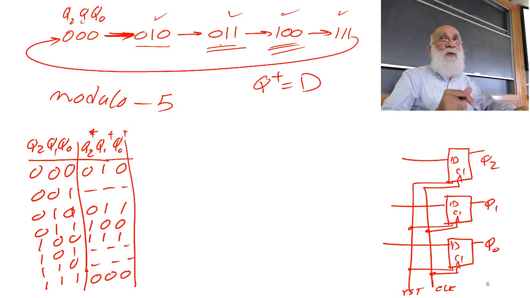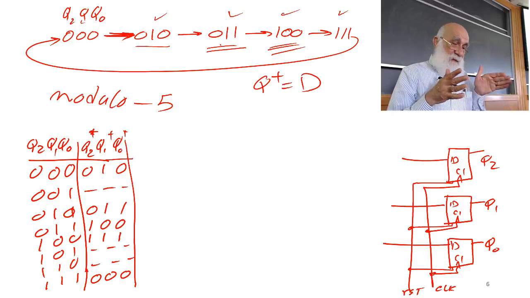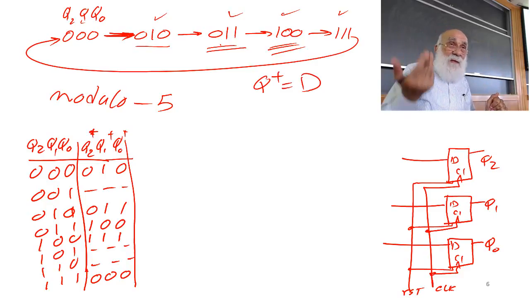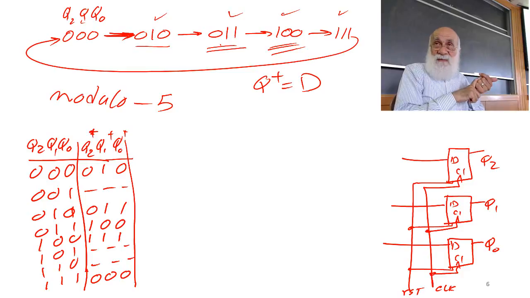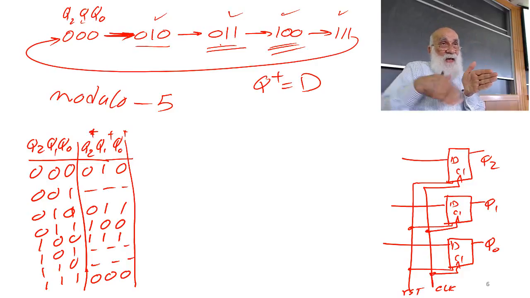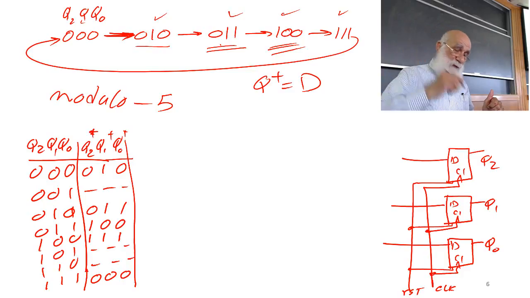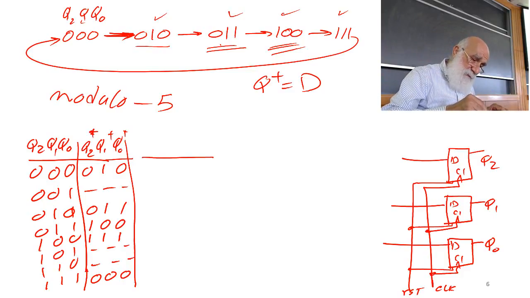What it means is this. The flip-flops that I'm after have D inputs, D2, D1, D0, that whatever I put on D2, D1, D0, and I clock the circuit on this clock, those become my next states. What it means is the following.